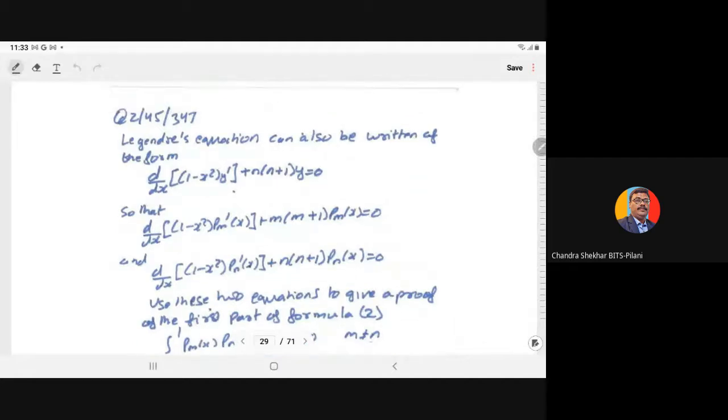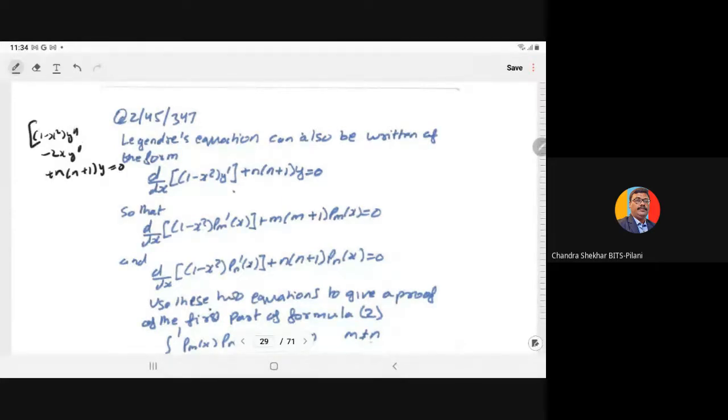Now, the Legendre equation can also be written in another form. What is the Legendre equation? It is (1 − x²)y'' − 2xy' + n(n + 1)y = 0. In general, we have this as the Legendre equation.